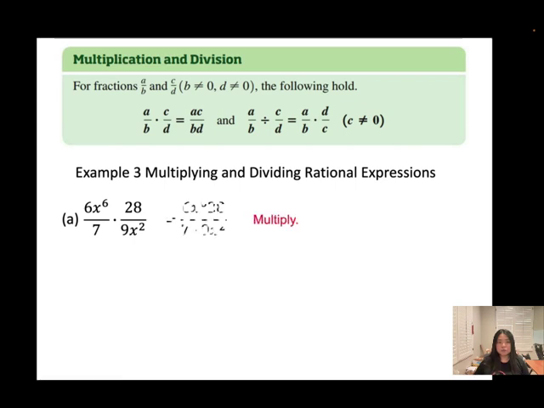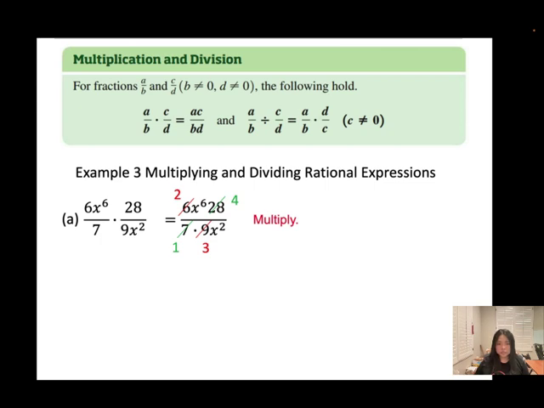So 6 and 9, I could divide both by 3 here. And then the 7 here, 7 divided by 7. So that will be 4 here.